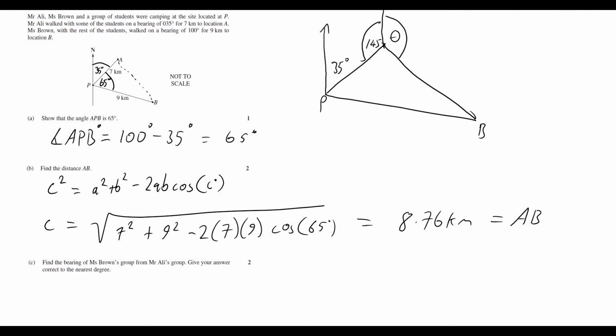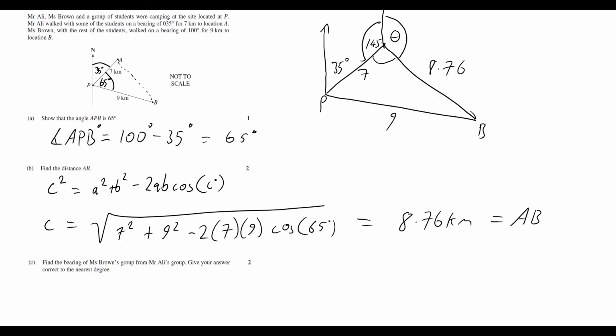Okay, so now all we need to do to figure out our angle theta is to simply figure out, well, what is this angle from that point there? So to figure that out, what we can use is the sine rule. Since we know that this side length is 7 kilometers, we know that this side length is 9 kilometers, and we now know that this side length is 8.76 kilometers.